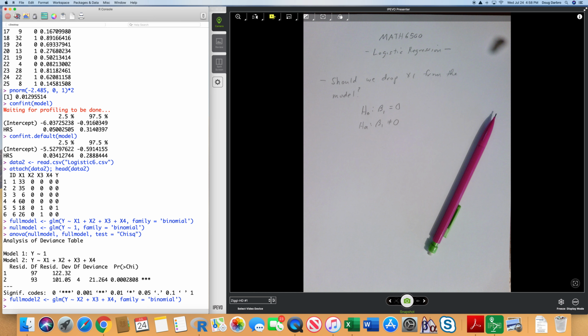Now, I want to run the ANOVA, and again, what I'm running here is called the likelihood ratio test. We're just doing it using R, using technology, instead of the long way. So I would put in the first model, which would be the full model. Now, we're going to get into something kind of interesting here, but I'll explain.